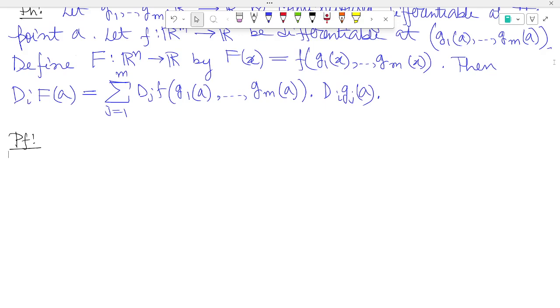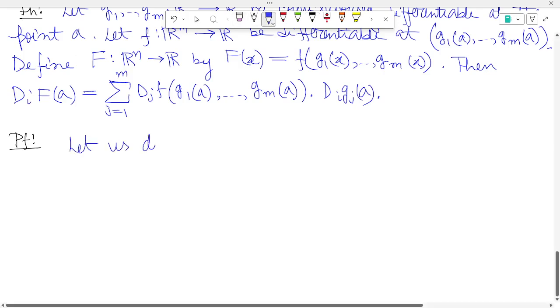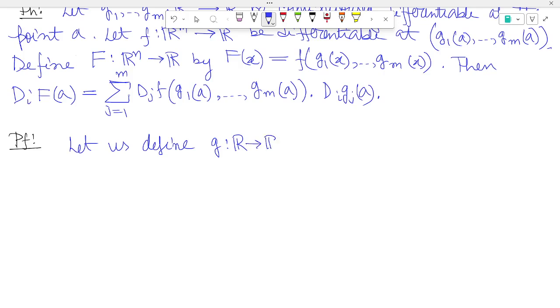So to solve this problem, I will define a new function. Let us define g as a function from R to Rn by g of x is as above. So what is F?